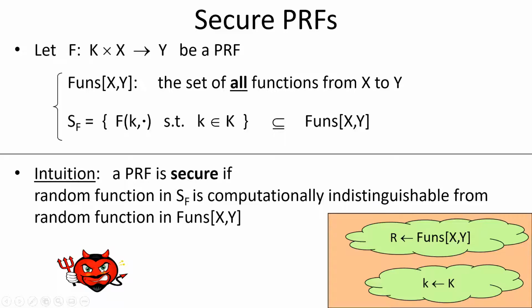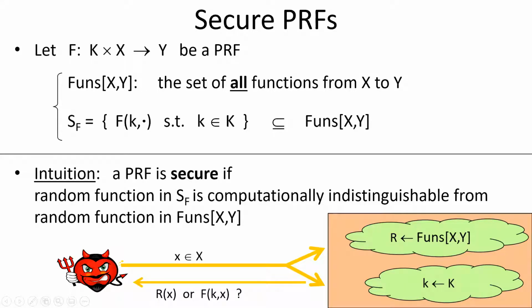Here is how this adversary looks pictorially. He chooses an argument x, and he either talks to a random function or to a PRF. In the random function case, he gets R of x. In the pseudorandom case, he gets f_k of x, where k is fixed, although it was randomly chosen at the beginning, but after that, it doesn't change. And he repeats.